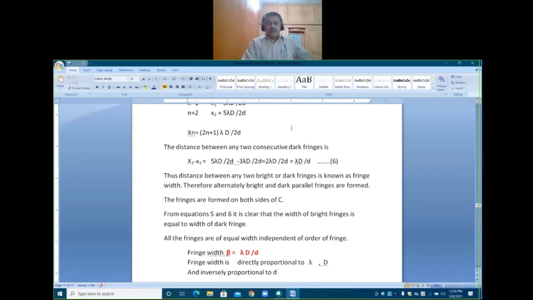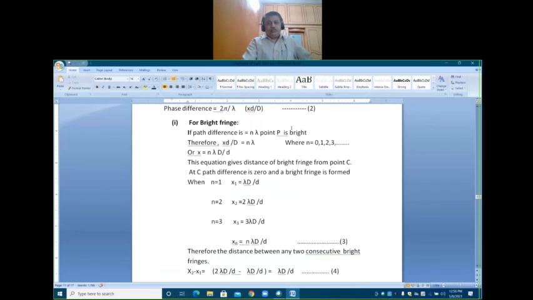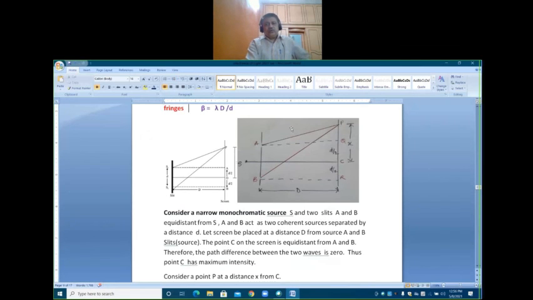We started from the same diagram of Young's double slit, that is source S and A and B, two slits, two parts of the same source. Light waves coming from A is AP, from B is BP, then there is a screen at a distance D, and C is the center of the screen, which is at equal distance from A and B. P is any point at which intensity is calculated, which is at a distance x from C.